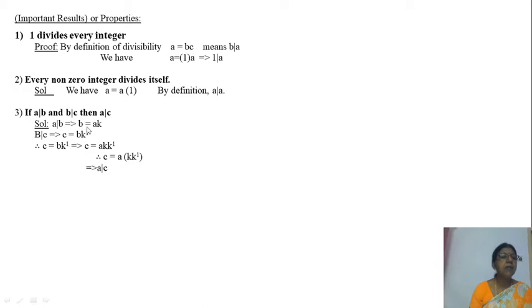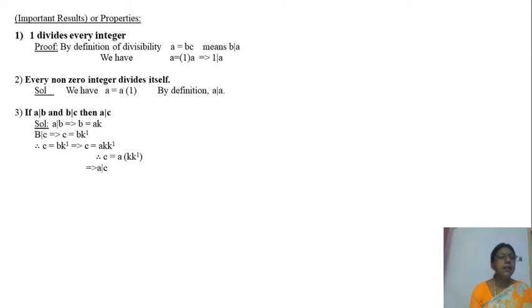In place of b we have a k, so substitute: c is equal to b k dash, and from the first one b is a k, so c is equal to a k k dash. Already we mentioned k and k dash are integers, so k into k dash is also an integer.